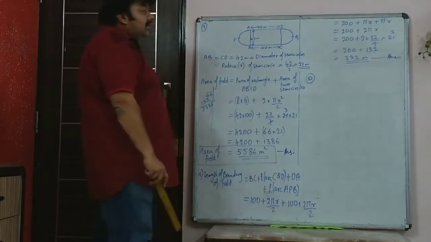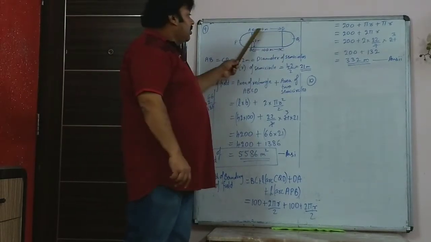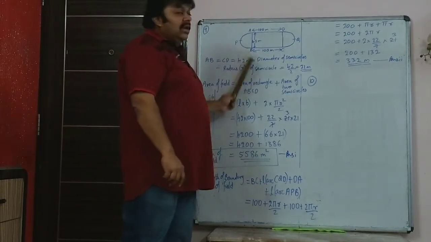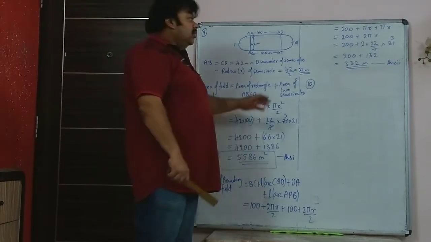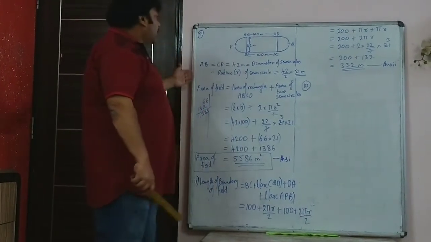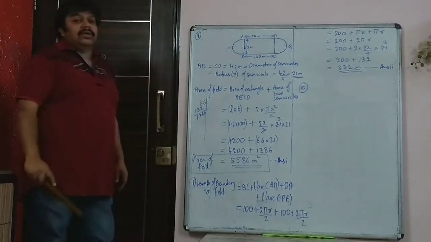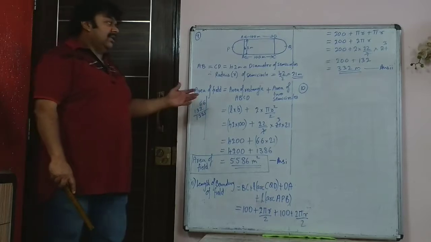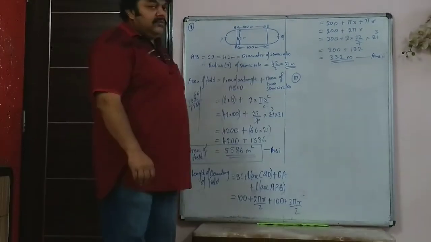So it is 332. So the length of the boundary of the field is 332 meter. So this is how you do the ninth sum, by dividing it into two semicircles and a rectangle. It is very logical and simple. We will go on to the 10th sum now.